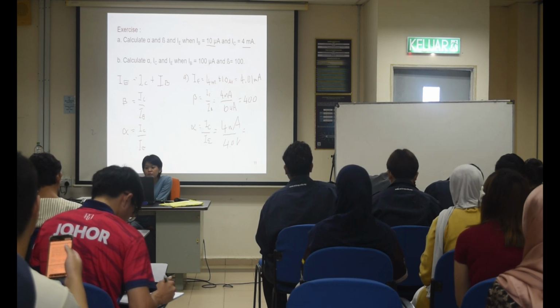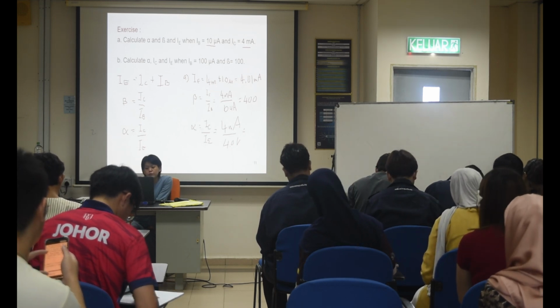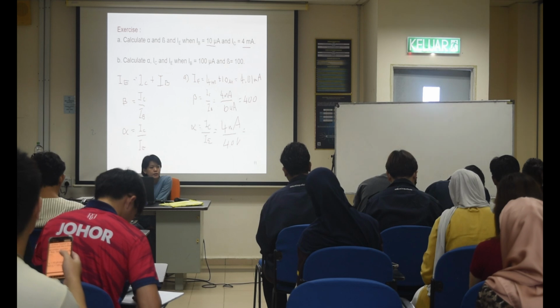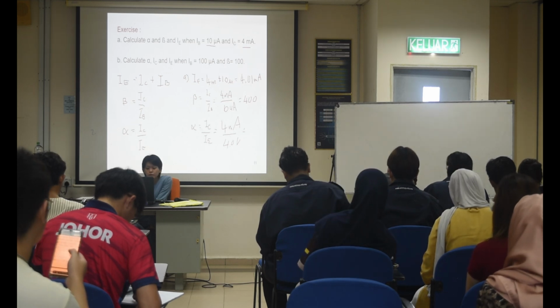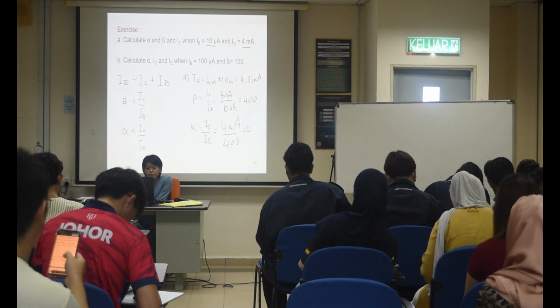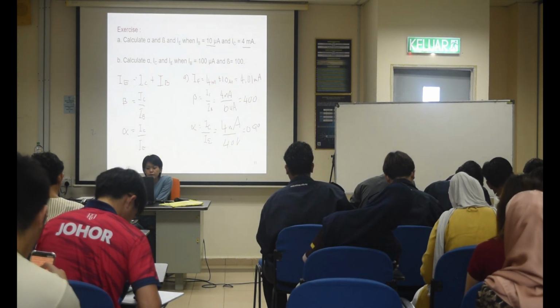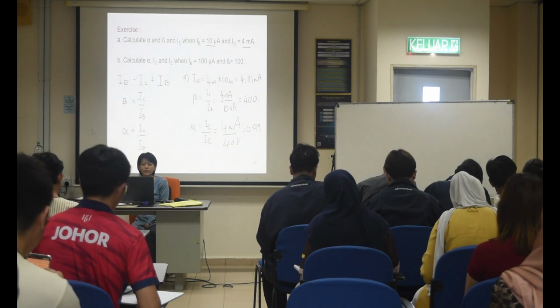Okay, this one has no unit, because ampere divided by ampere has no unit. Okay, this one alpha? 0.99. So it is within the range, correct.